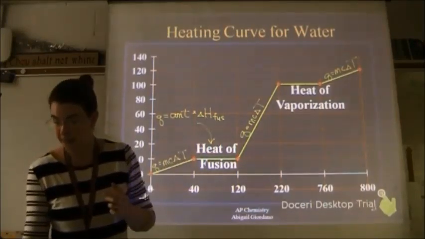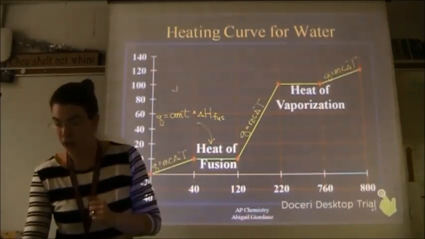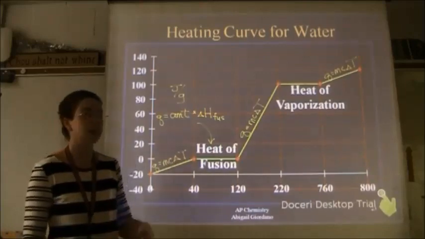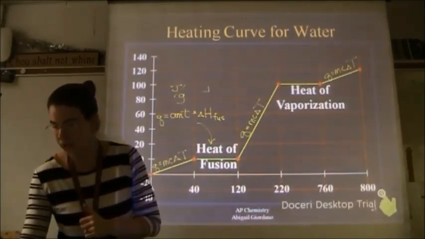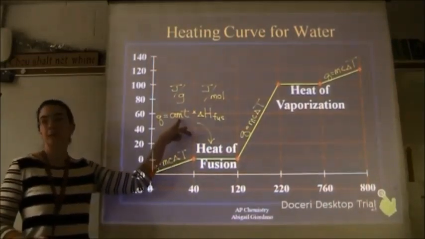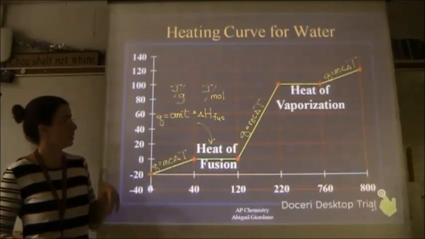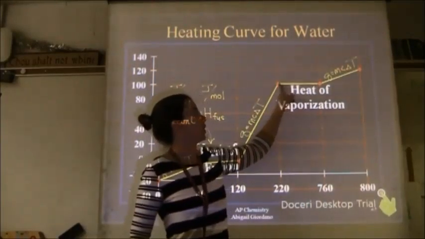For example, if heat of fusion in the problem is given to you in joules per gram, then plug in a mass in grams. If it's given to you in joules per mole, then plug in moles. Okay. Do I have a change in temperature up here? Yes or no?